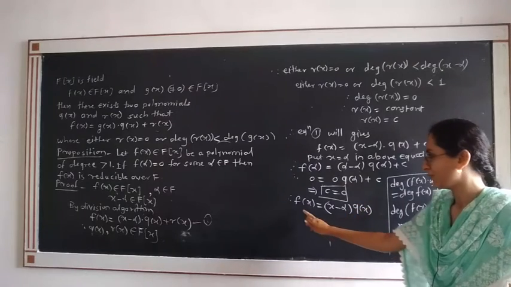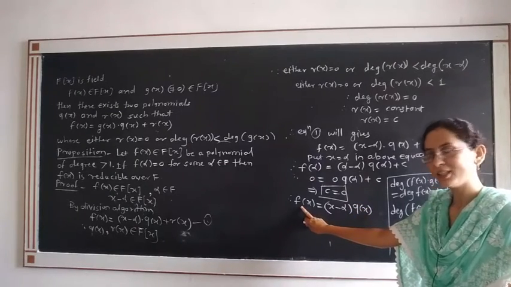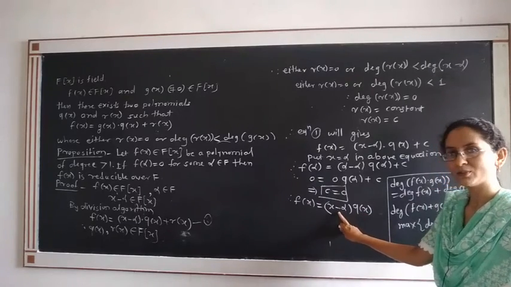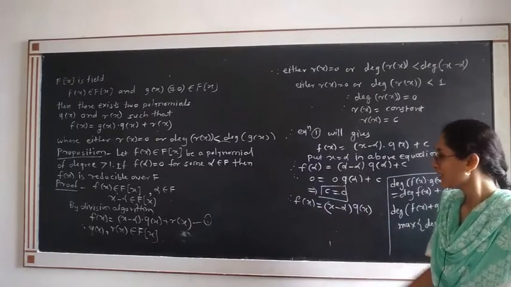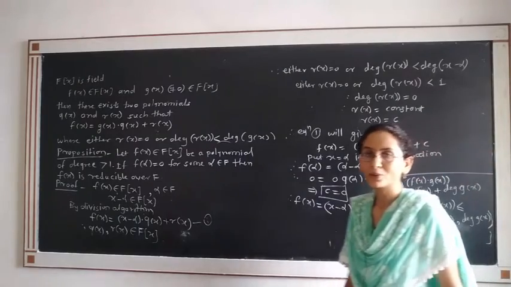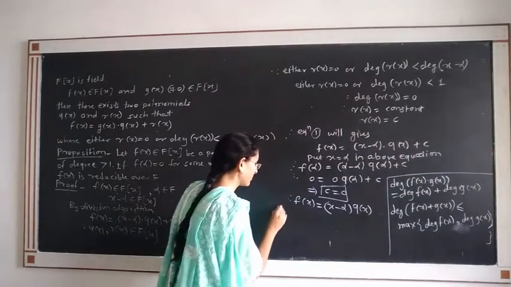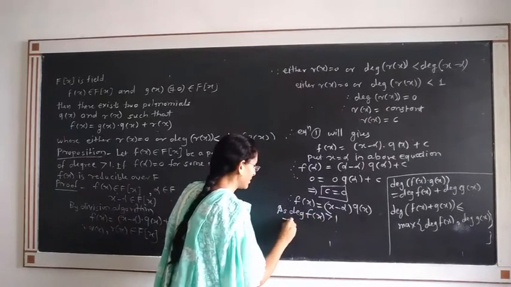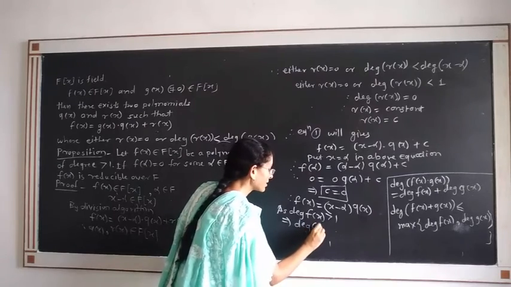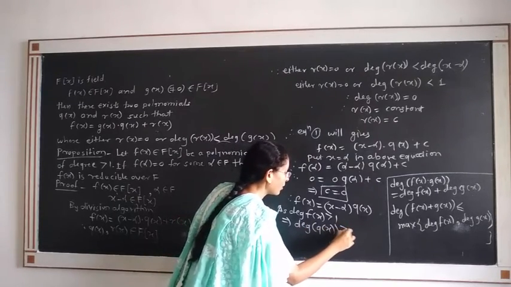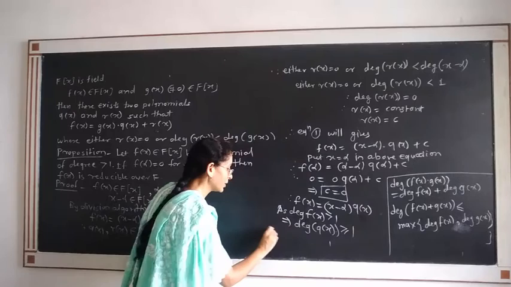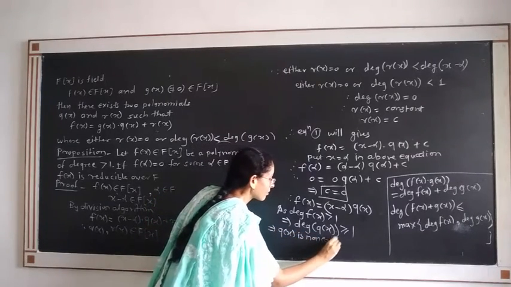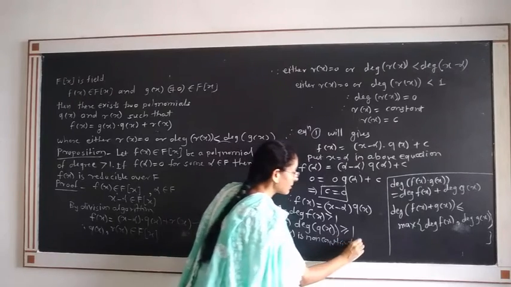If you choose the f(x) polynomial with degree 3, then the degree of q(x) will come to be 2, because 1 plus 2 is equal to 3. Therefore, q(x) is a non-constant polynomial, as degree of f(x) is strictly greater than 1. This implies degree of q(x) is greater than or equal to 1. Means q(x) is a non-constant polynomial.